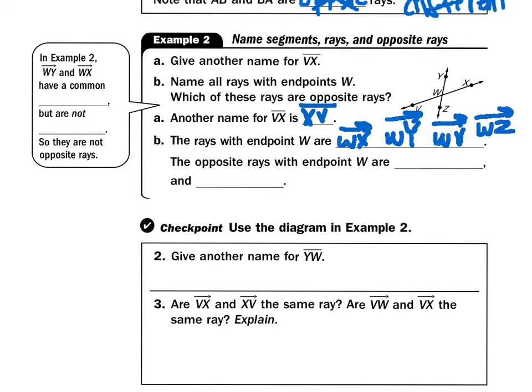Again, notice that I wrote the endpoint letter first. The opposite rays with endpoint W are WY and WZ, and WV and WX. So 2 pairs of opposite rays.